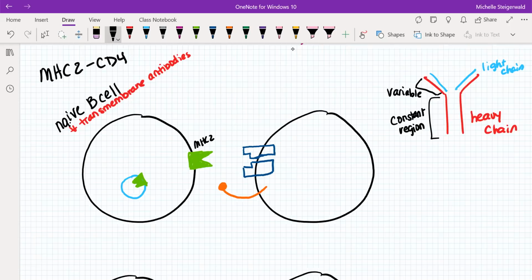And so you make all these different variable regions that will have different shapes and may be able to bind different proteins. So if you have a spike protein on a SARS-CoV-2 virus, there will be a very specific antibody that can bind to a portion of that spike protein. You might actually have antibodies to other portions of SARS-CoV-2. The vaccines were targeted against the spike protein, and they're very effective.